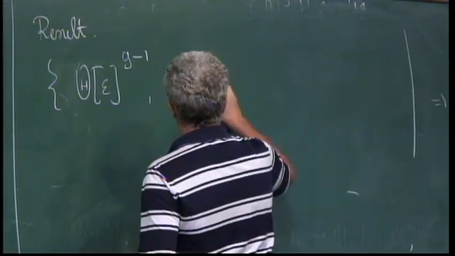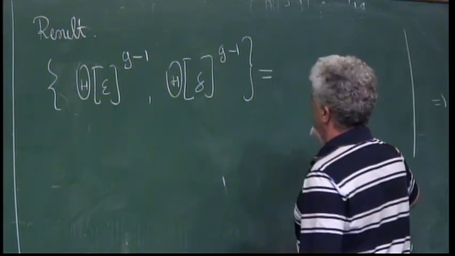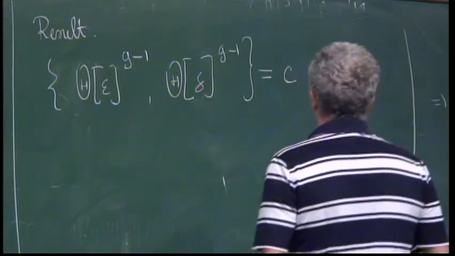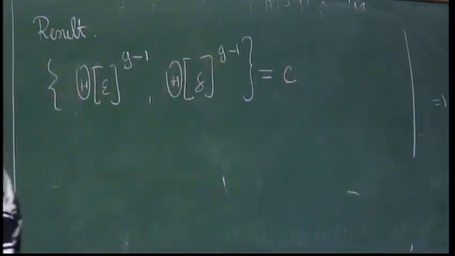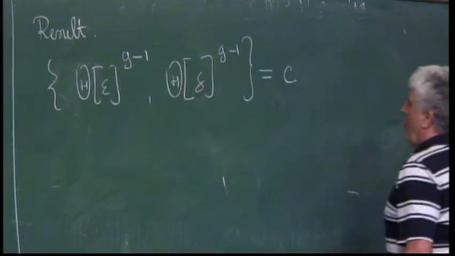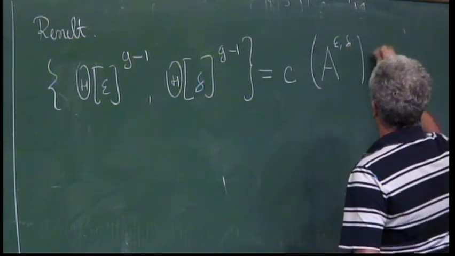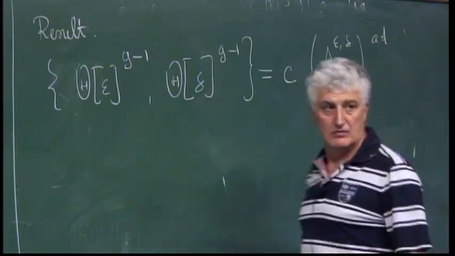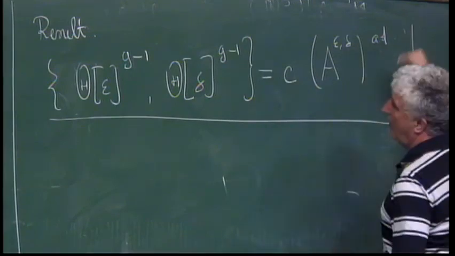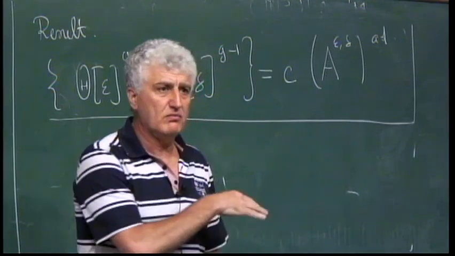Theta delta to the g minus 1, this is equal, up to a constant that we can compute, and the constant is just equal to A epsilon delta adjoint. So we had this result. Now, to prove this, you have to do some little work.